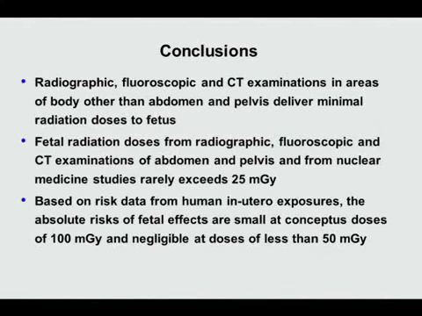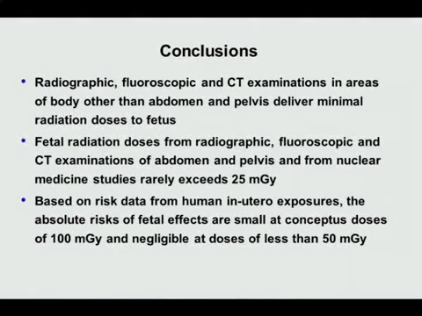In conclusion, radiography, fluoroscopy, and CT examination in areas of the body other than abdominal and pelvic deliver minimal radiation dose to the fetus. Fetal radiation doses from radiography, fluoroscopy, and CT examination of the abdomen and pelvis, and from nuclear medicine, rarely exceed 25 milligray.